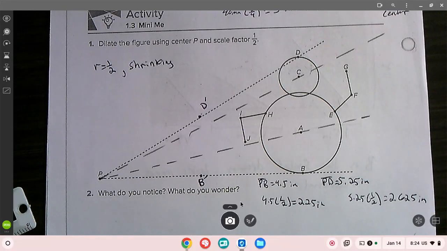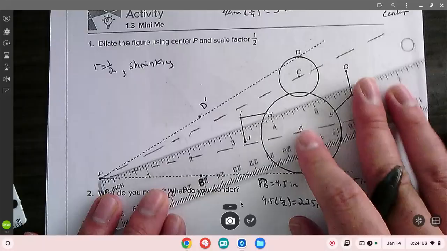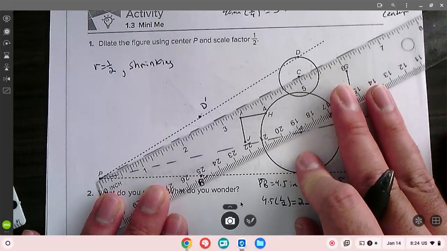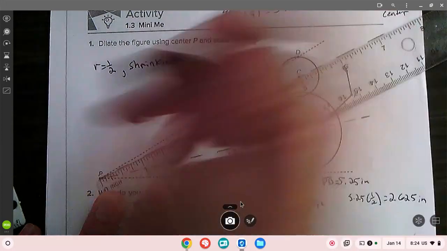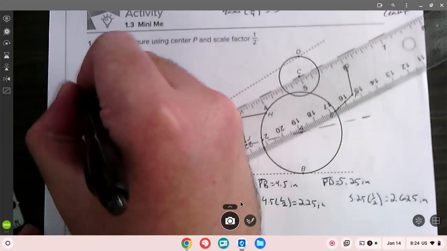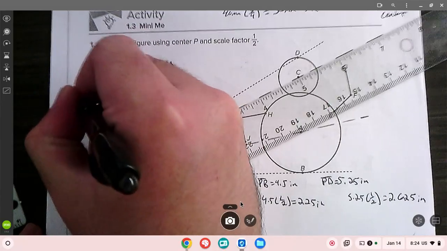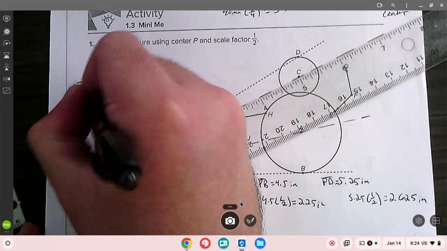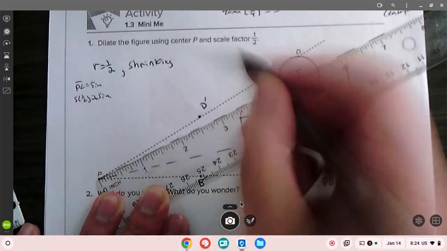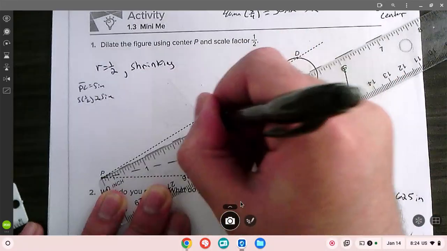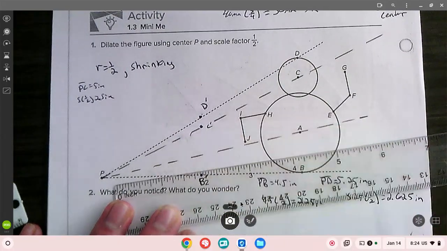So I'm going to measure my point C. Our point C is 5 inches. So what is half of 5 inches? 2.5. So PC is equal to 5 inches. So 5 times 1/2 is 2.5 inches. So we're going to measure 2.5, and it will be right here for my C prime.